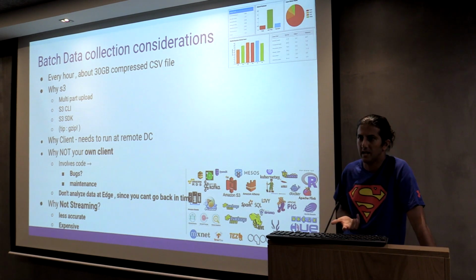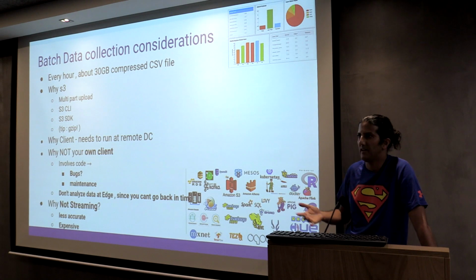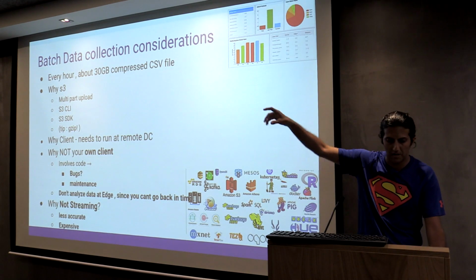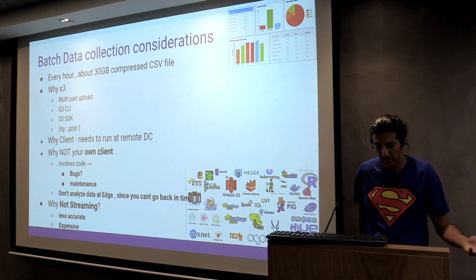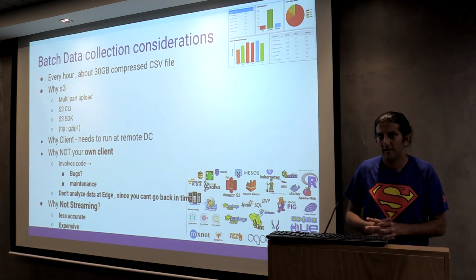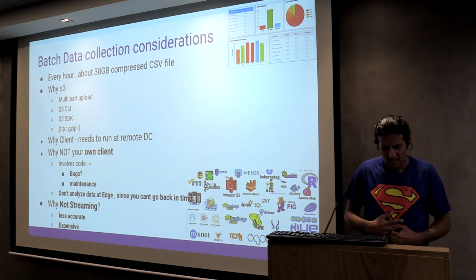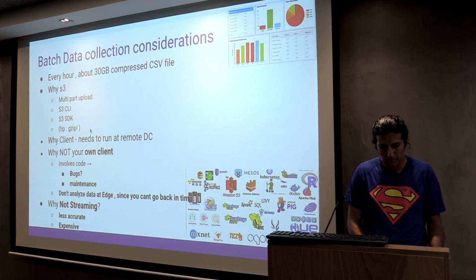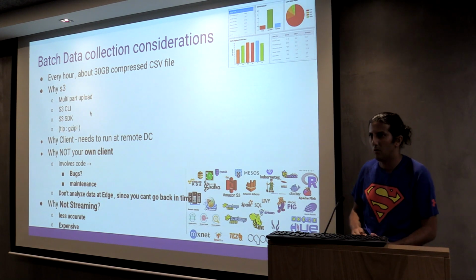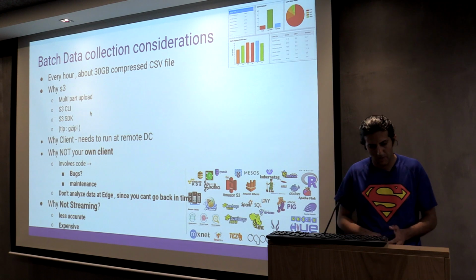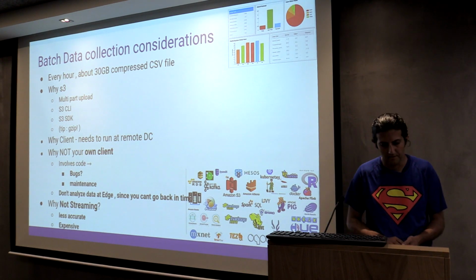S3 has a built-in CLI tool which simplifies things if you don't have to do transformation at the edge. And it has an SDK so we can integrate it simply with your application. Don't forget to gzip or to apply any kind of compression to make your upload much faster.